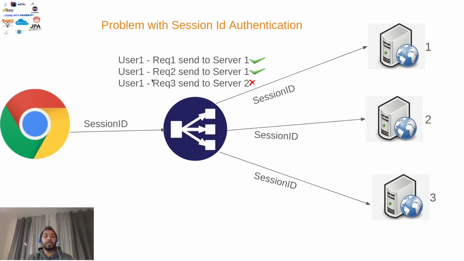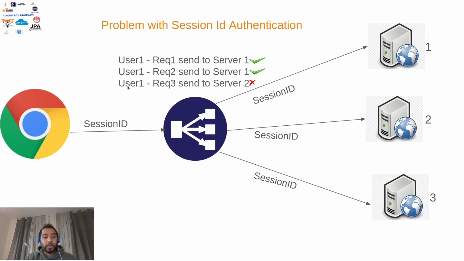Now let's say user 1 does another request, request 2, and request 2 is sent to the server with the cookie information. Server 1 can easily find the session information using the cookie, and then it will validate the user. Now let's say server 1 goes down. What will happen?